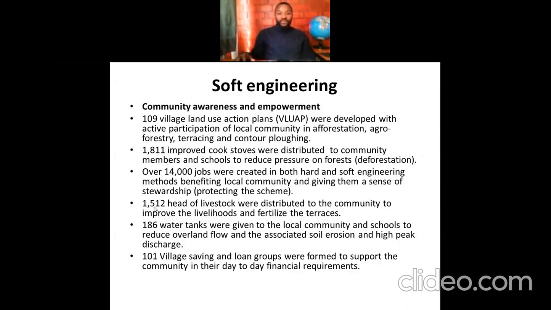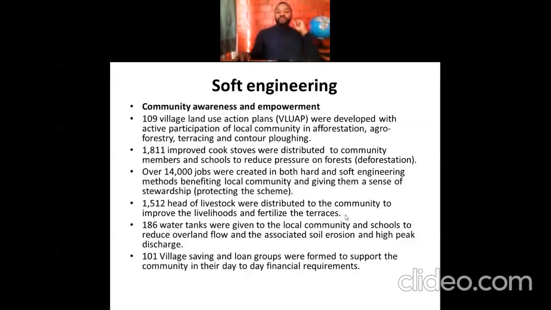Families were also given some livestock: 1,512 head of livestock were distributed in the local community. This is to provide them with fertilizers to use in the terraces, with the purpose of reducing overland flow and increasing infiltration.